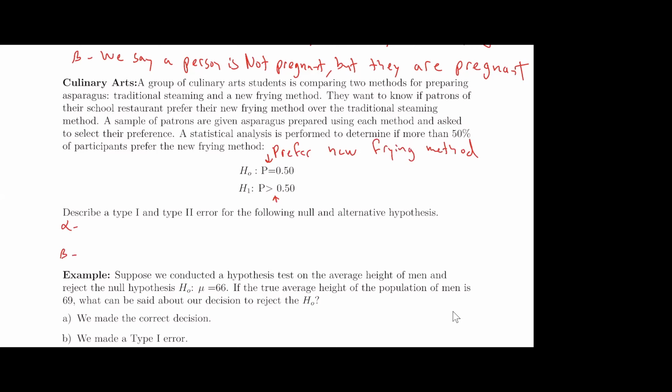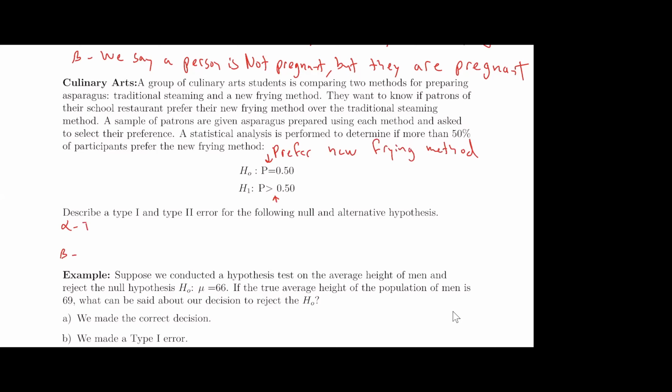So for a type 1 error, what do I conclude? Do I conclude that they don't prefer the new frying method, or do I conclude they do prefer the new frying method? Oh, they do, perfect.